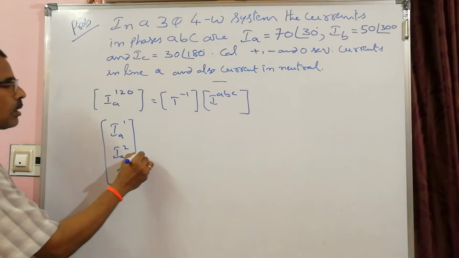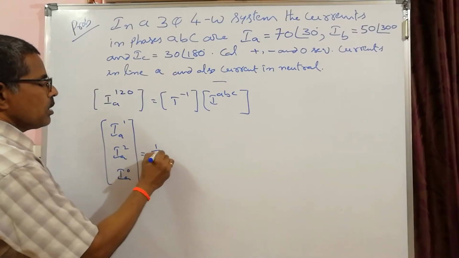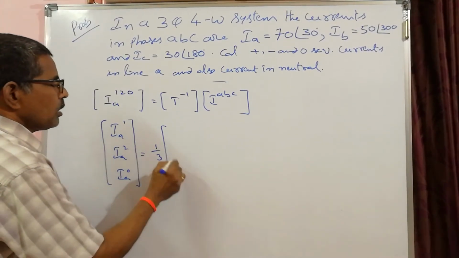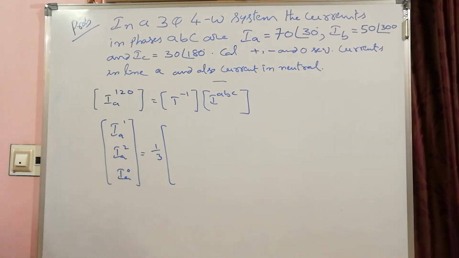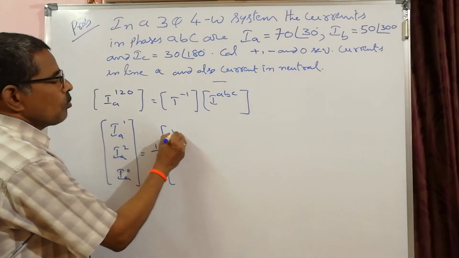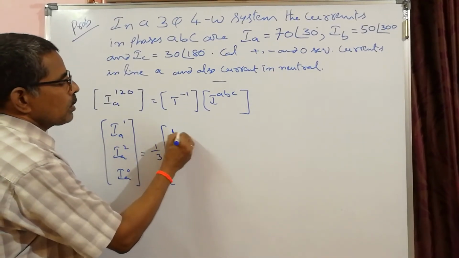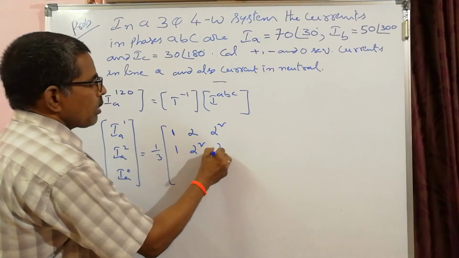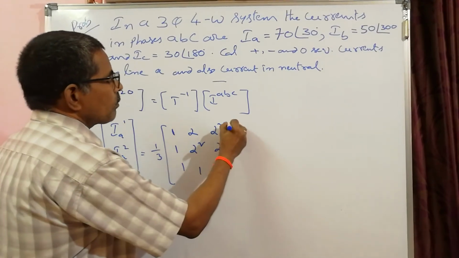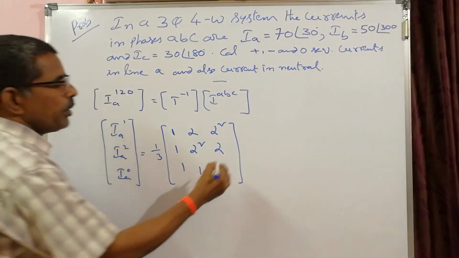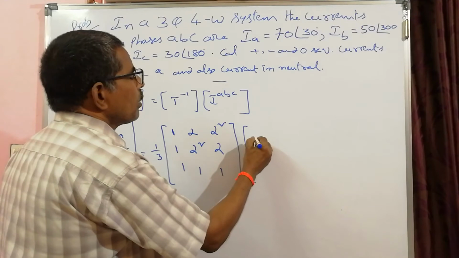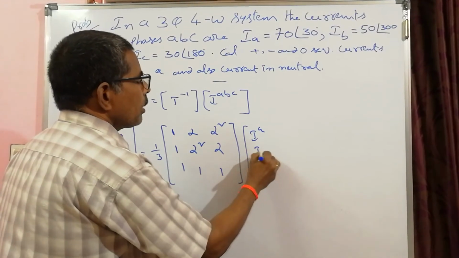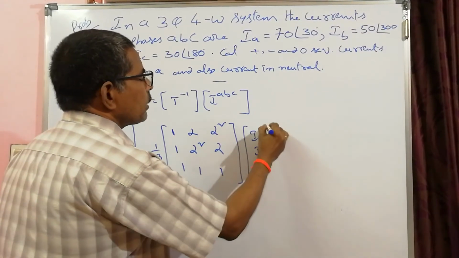What is T inverse? T inverse is 1/3 times the matrix with rows 1, alpha, alpha square; 1, alpha square, alpha; 1, 1, 1, multiplied by IA, IB, IC. You should remember this structure.